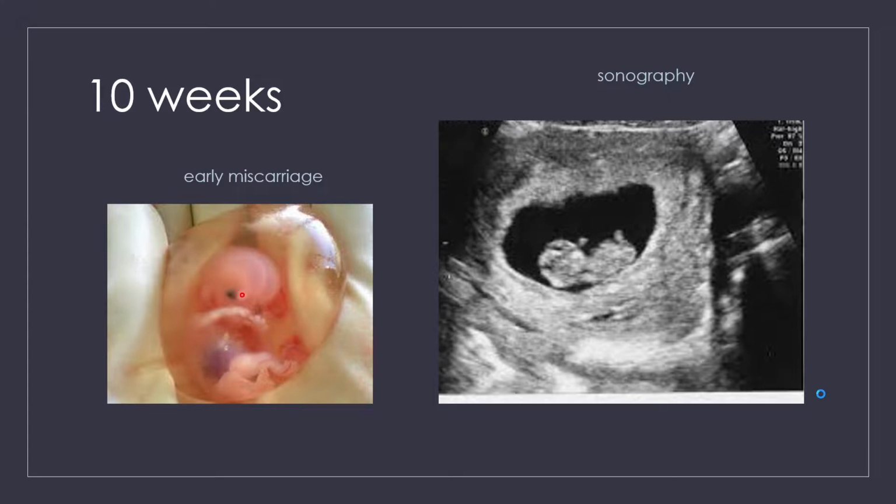So we can see the little eyes, little ears. And then on ultrasound, we can see a little leg bud, arm, there's the head, there's the little bottom, and then it's all contained in this gestational sac. And then this is the uterus that I'm outlining here.